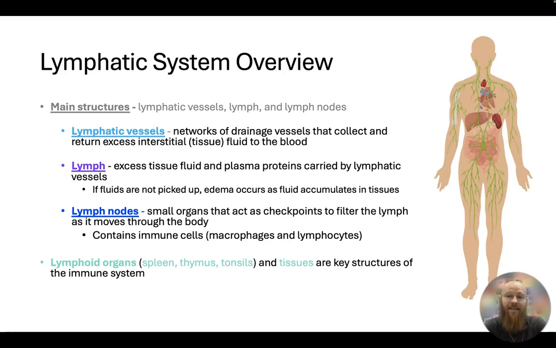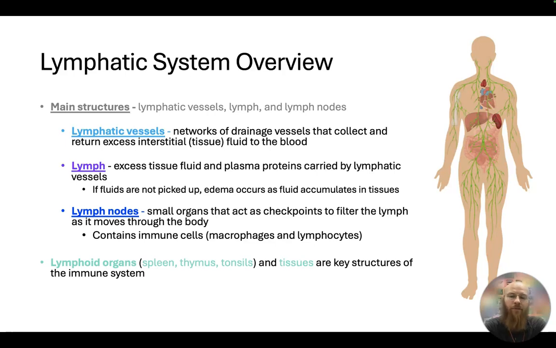You can think of that as that excess fluid that's being returned. And it's important to understand that if that excess fluid is not picked up and circulated, then swelling or edema tends to occur if it accumulates in those tissues. And so we don't want excess edema. So the lymphatic system is who we have to thank for that as well.